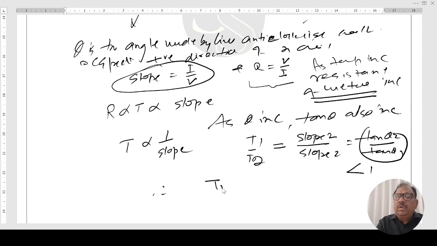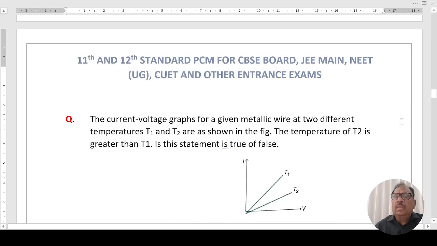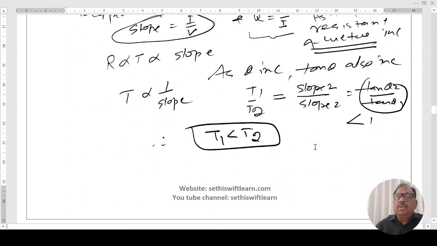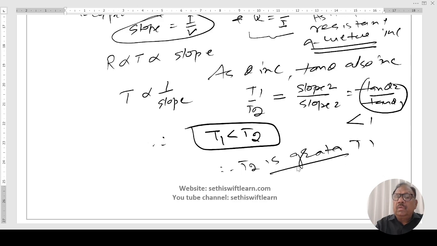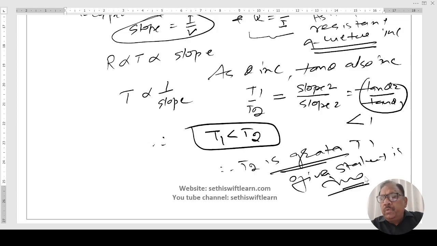Therefore, T1 is less than T2. Check what is the statement. Temperature of T2 is greater than T1. Therefore, T2 is greater than T1. So the given statement is true.